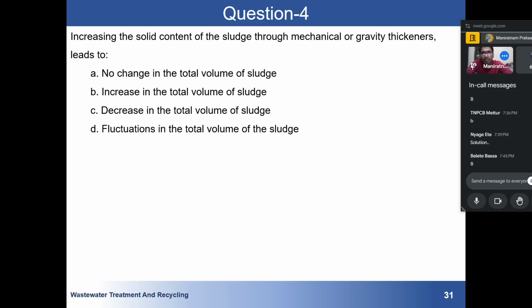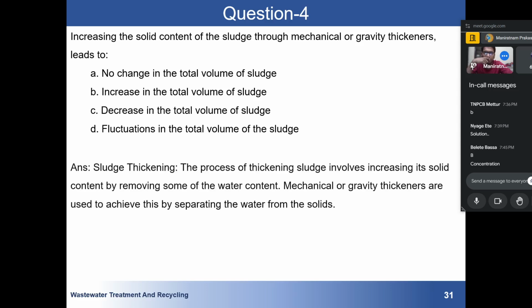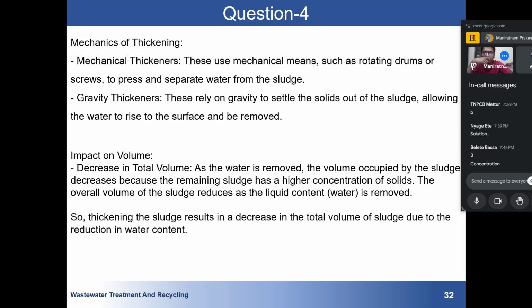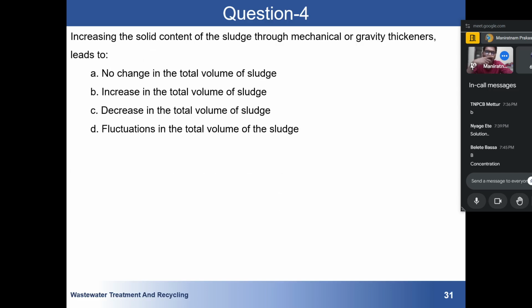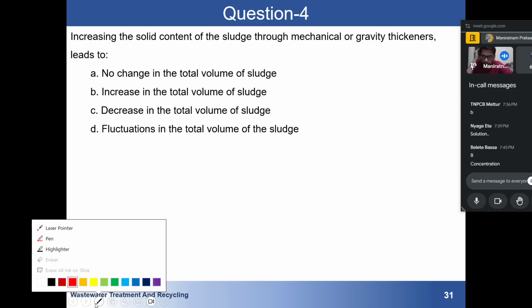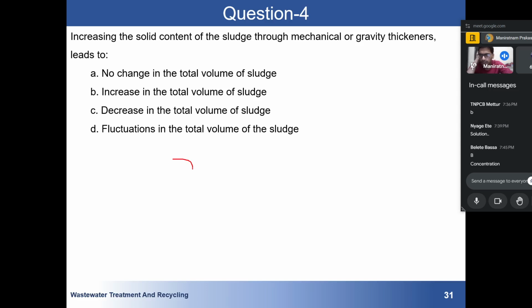Then if the solid content is still increasing, see how solid content is defined. Solid content is always defined by X by total volume, and we know that the X is always fixed for our solid.